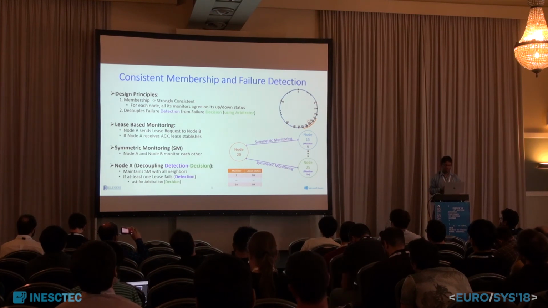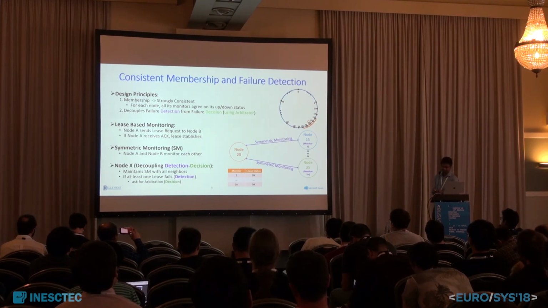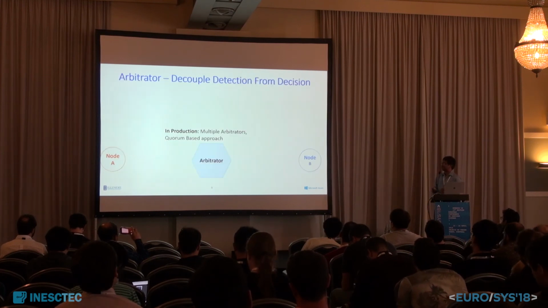Each node maintains this symmetric monitoring with all of its neighbors. And if at least one of these leases fails, that means the failure detection, it asks for an arbitration, that means the decision part. Let's see how this decoupling of detection and decision is done using the arbitrator.